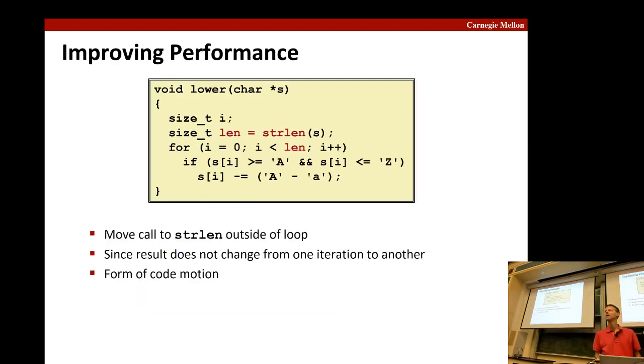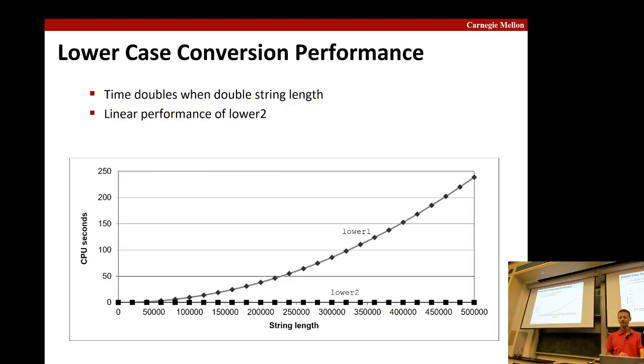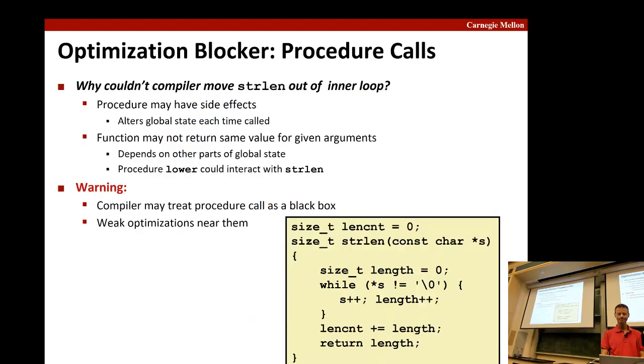Okay, so a very simple fix, and you ask, well, why can't the compiler figure this out, is just pull that string length calculation out of the loop itself, right? Do it up front, right here, and then we're fine. So then the code looks like that. You can't even see the slope, but it's basically linear in the length of the string. The lower two is the version where it's pulled out. So why couldn't the compiler pull that out?